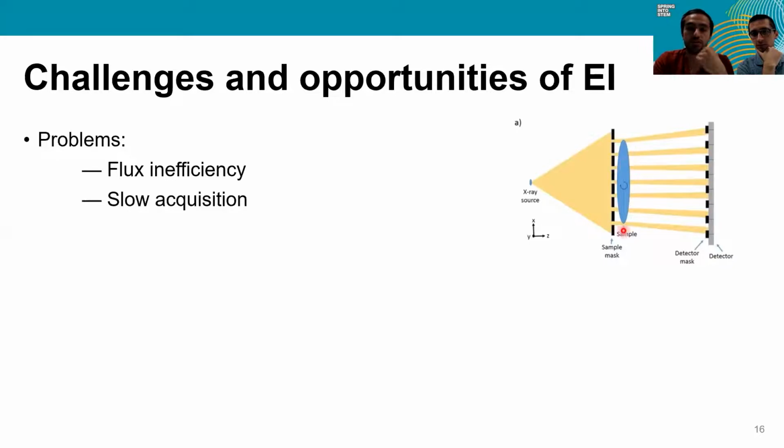And this means you need to translate the sample to fully illuminate it and have information about all the parts. And if you want to acquire a CT, you need to add the rotation to reconstruct the tomograms and the volumetric reconstructions. And this implies, well, you're not using all the flux because you're absorbing a lot of it with your absorption mask. And also it's slow because you need to use motors to scan all these components of your system.